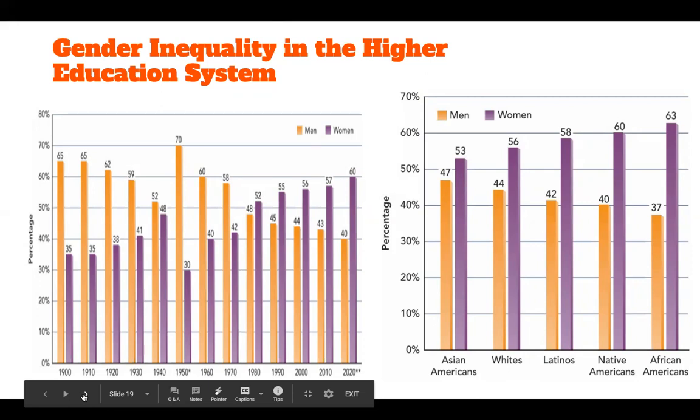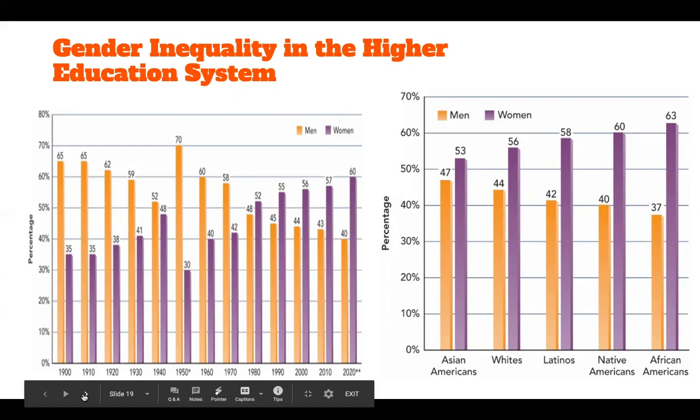And this gap has increased. And what you see on that other graph is that this gap between male and female college undergraduates exists in pretty much every racial ethnic group.